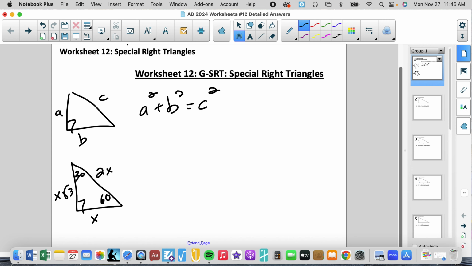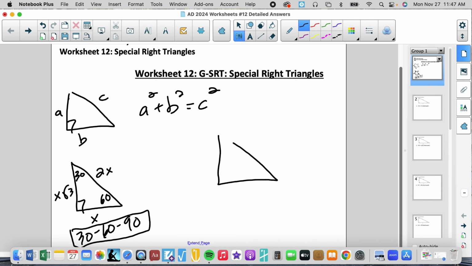If we did the Pythagorean theorem with that, we'd still end up with x rad 3 squared plus x squared equal to 2x quantity squared. So that's the 30, 60, 90. All 30, 60, 90 triangles will have those characteristics.